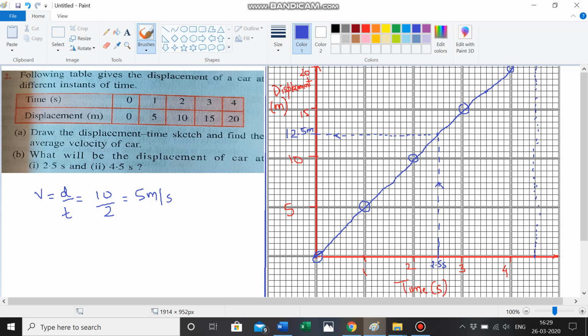Now I can also calculate the displacement at 4.5 seconds. Because I know velocity is 5, and the time is given as 4.5 seconds, therefore D would be equal to 5 meter per second into 4.5 second, which will be equal to 22.5 meter.